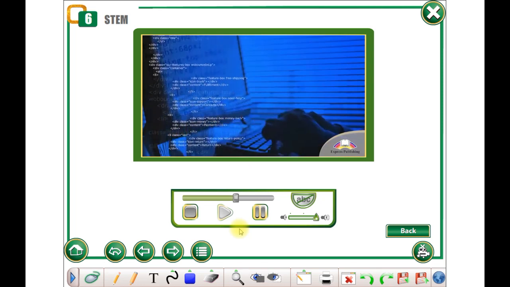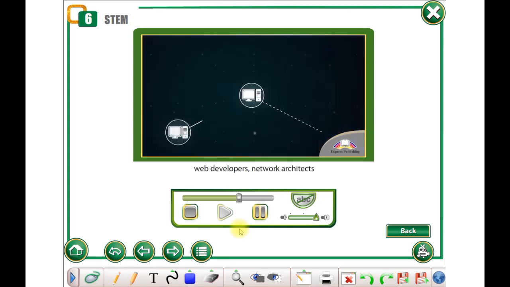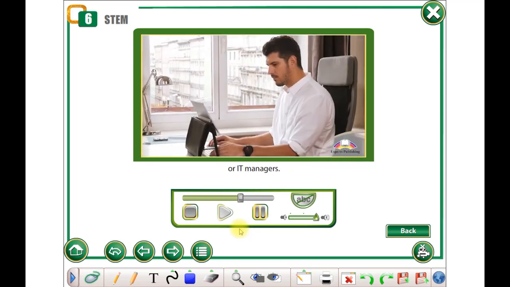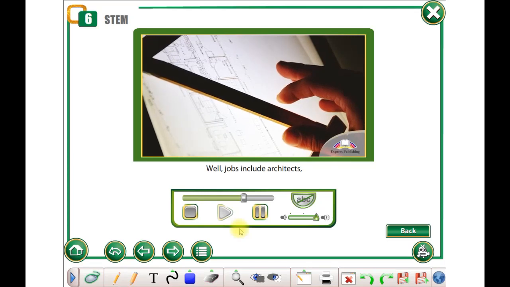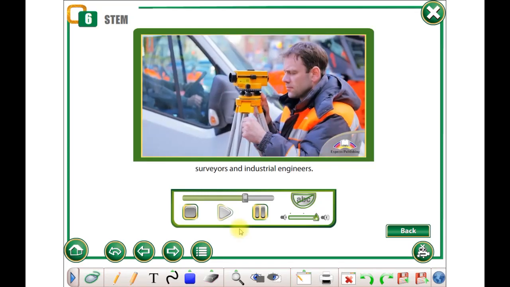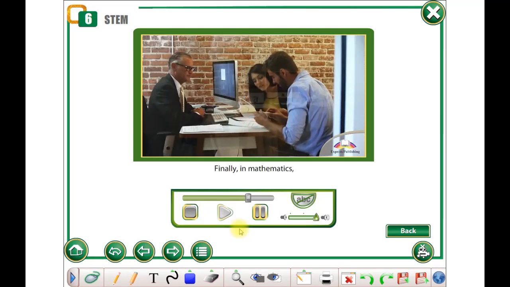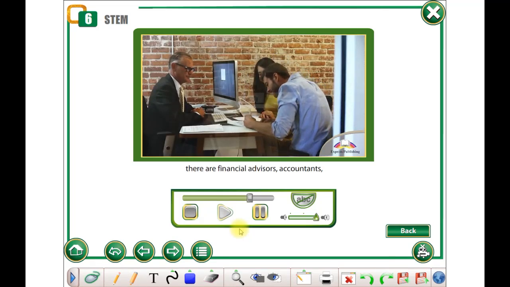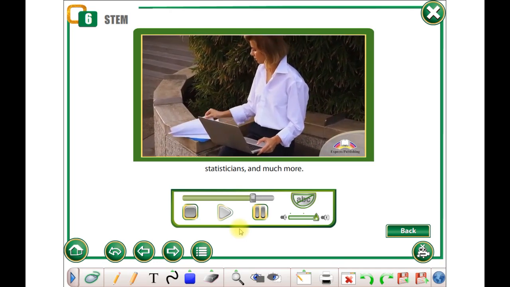In technology, people can work as, for instance, web developers, network architects, or IT managers. What about in engineering? Well, jobs include architects, surveyors, and industrial engineers. Finally, in mathematics, there are financial advisors, accountants, statisticians, and much more.